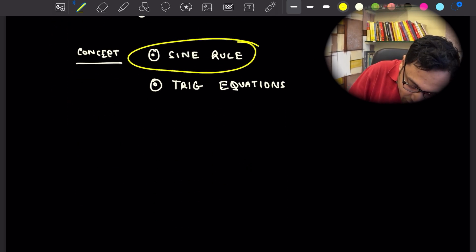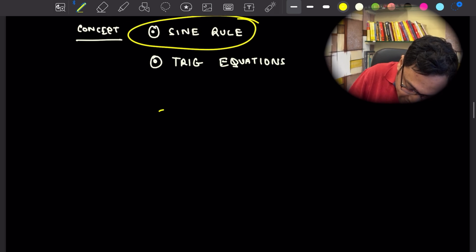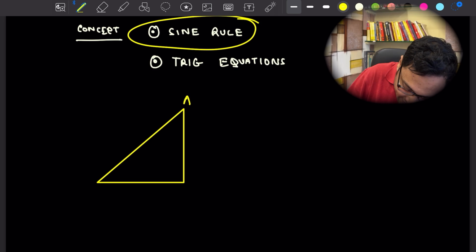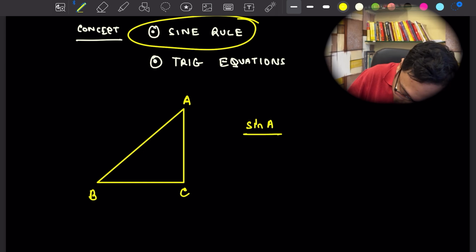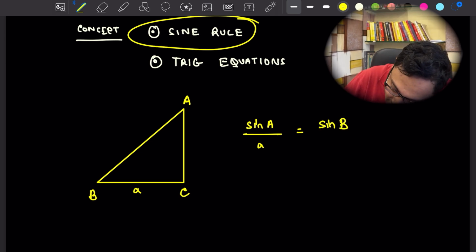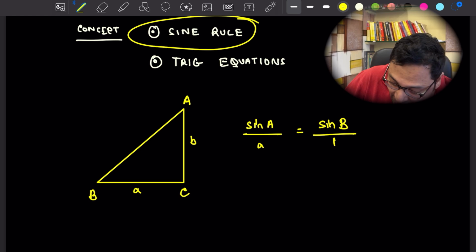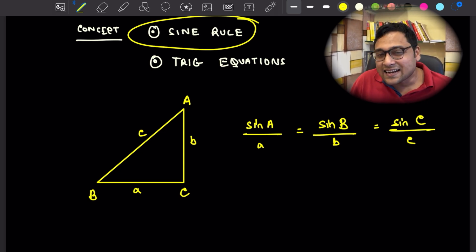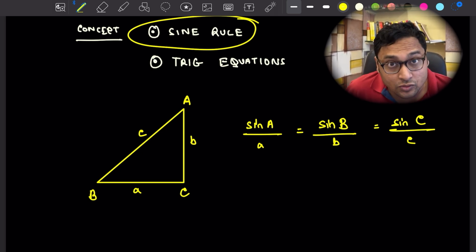The sine rule says that if you have a triangle ABC, then sine of angle A divided by the length of side a is equal to sine of angle B divided by the length of side b, which is equal to sine of angle C divided by the length of side c. That is the sine rule.